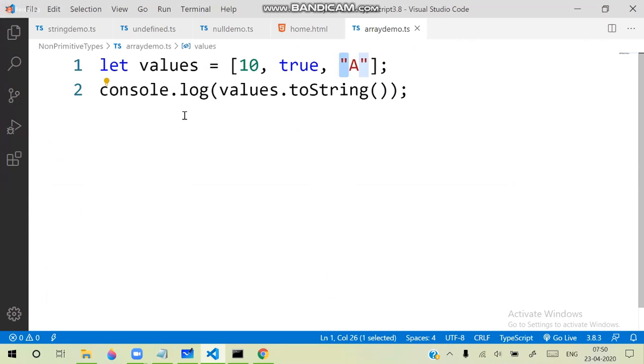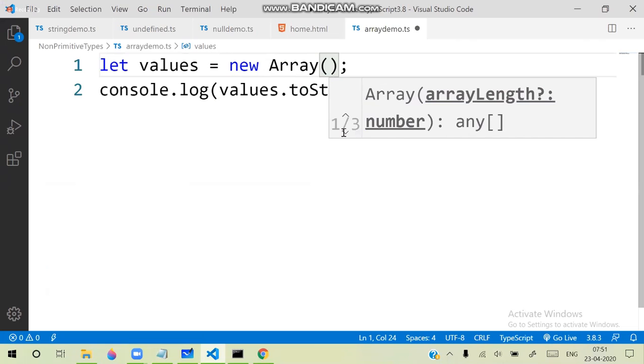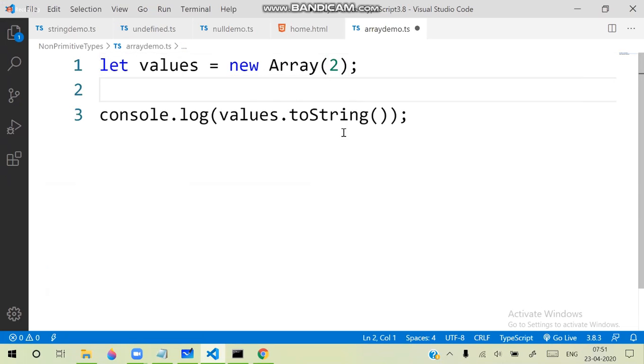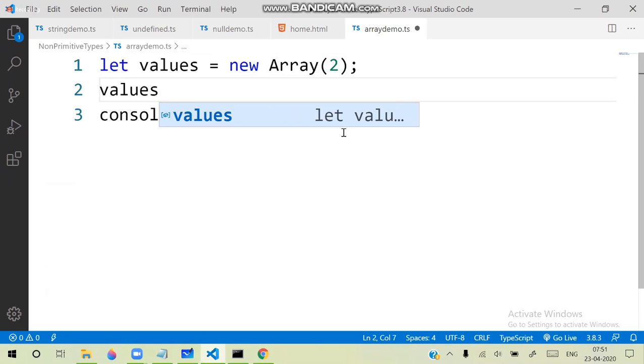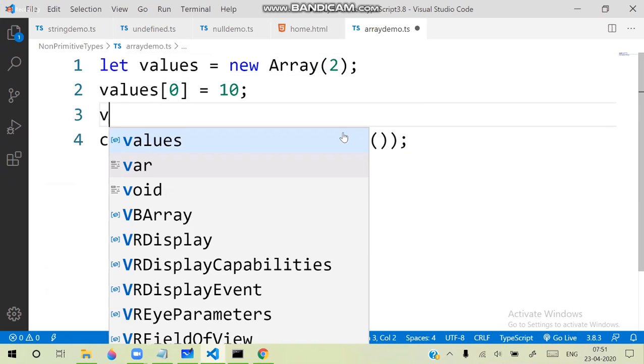So first, we have seen that array can store various types of values. See here, I am allocating a new array and giving the size 2. Later I will show you how to declare arrays. Now in values of 0, I am storing 10.